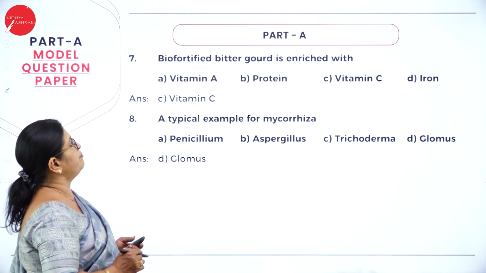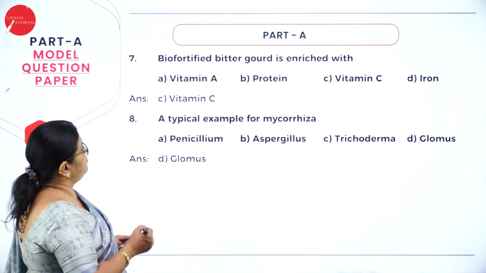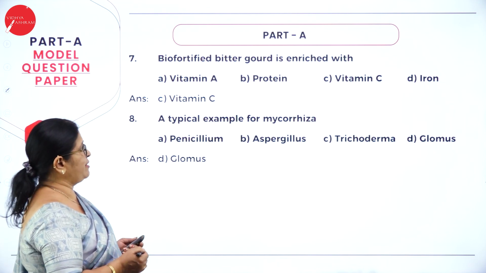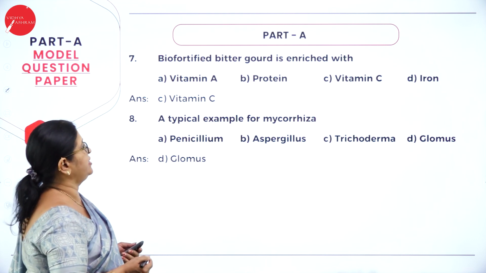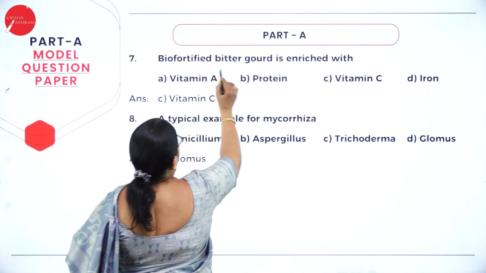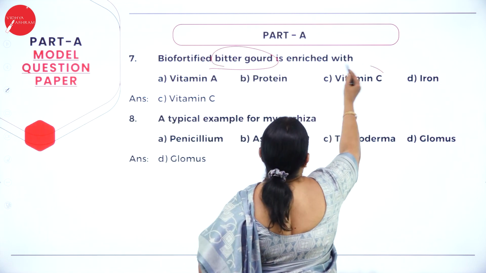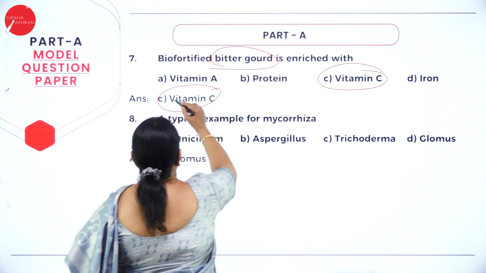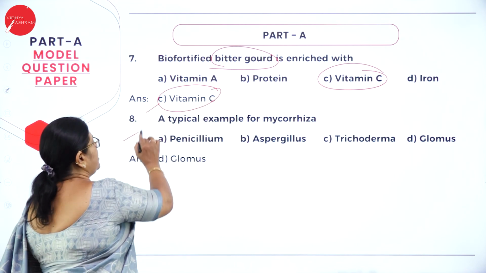Question number 7. Biofortified bitter gourd is enriched with: option A, vitamin A, option B, protein, option C, vitamin C, and D, iron. As we all know, the biofortified bitter gourd is enriched with vitamin C. So the option C is the right answer, that is vitamin C. Question number 8.